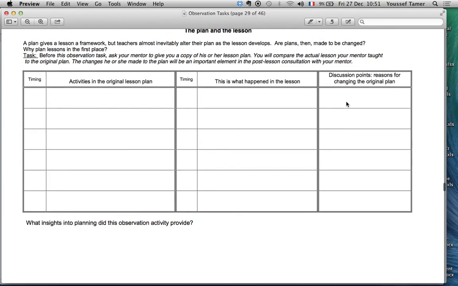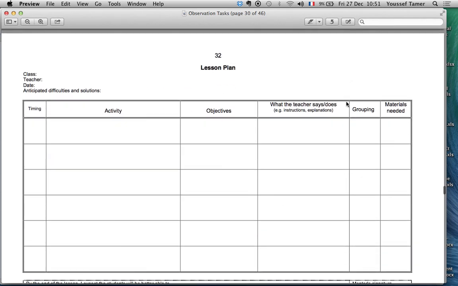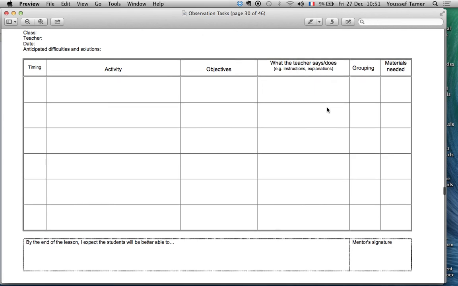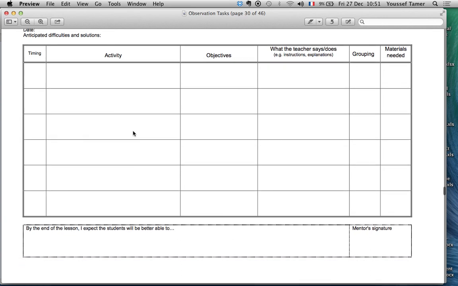The plan and the lesson. The lesson plan. Okay, so one way of observing is the lesson plan: class, teacher, date, anticipated difficulties. These are also important details to keep in mind, and this is for the teacher's planning.